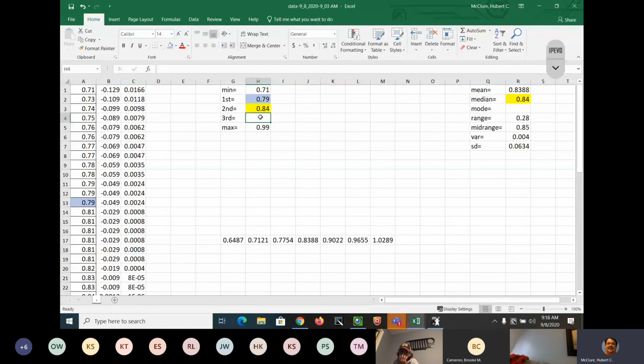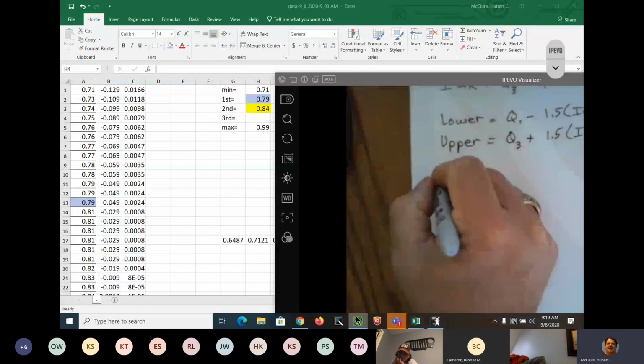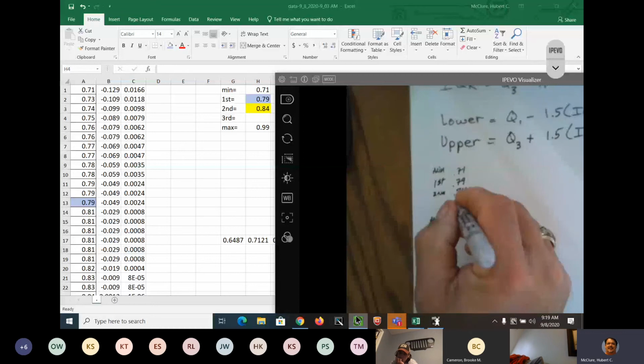So 0.86 is our third quartile. 0.71, I'm writing everything down. 0.71, 0.79, 0.84, and 0.99. Okay, so I'm switching to plan B here. And there's our min, there's our max, there's our second quartile, our first quartile, and our third quartile.